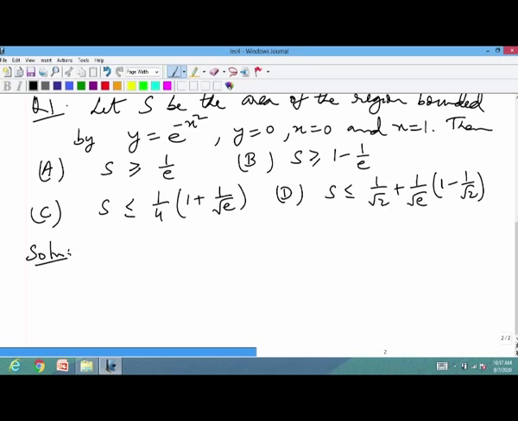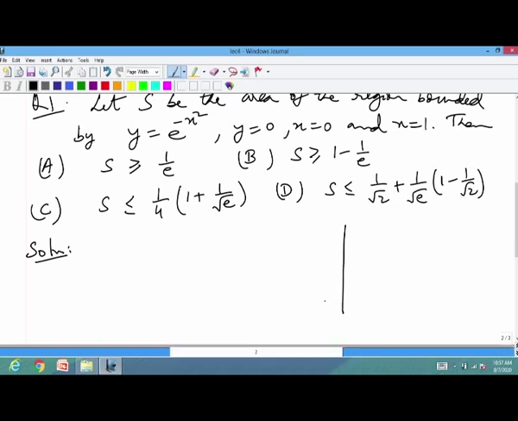So, let us try to solve this problem. Let us first draw the region. We have xy axis and the graph of y equal to e to the minus x square. This looks like this, and at x equal to 0 the value is 1 and it keeps on decreasing as x increases.